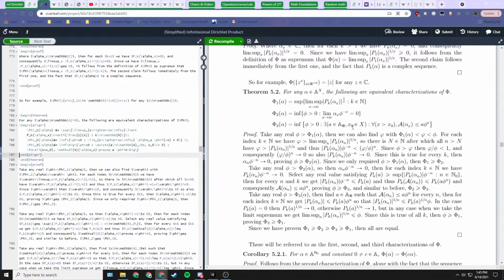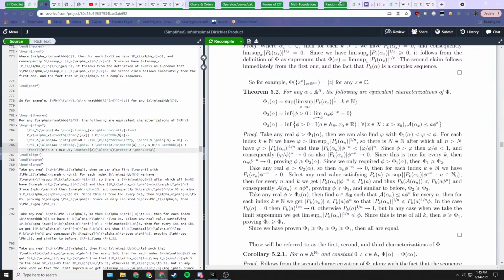Actually, instead of saying x0 in x, we could just say x0 in R, and then for all x in x such that x is greater than x0. Okay, it's a little bit more clunky, but I think that's fine.